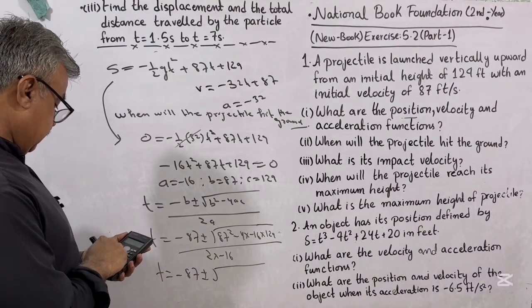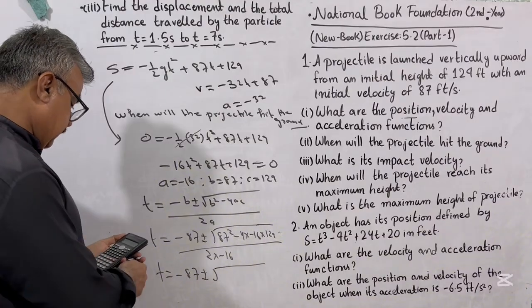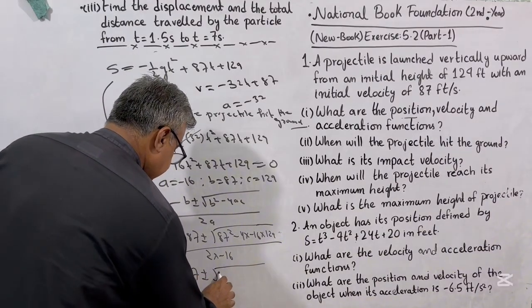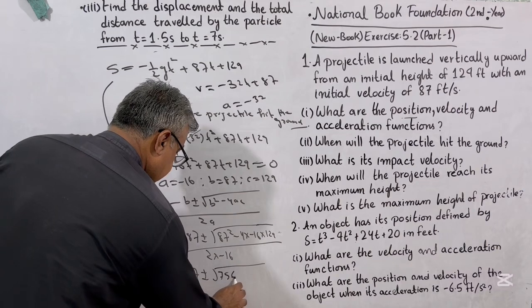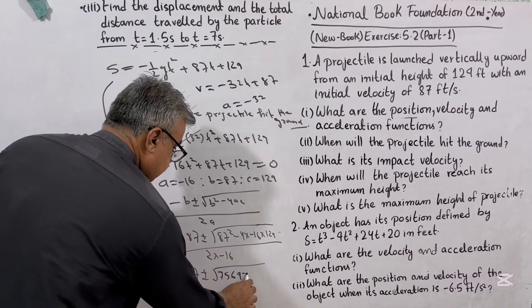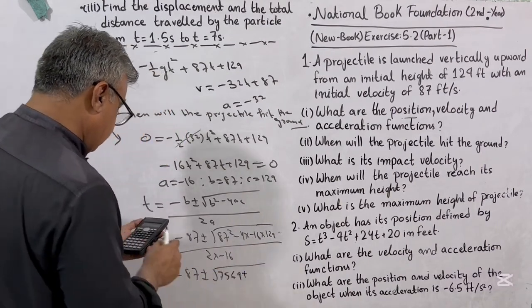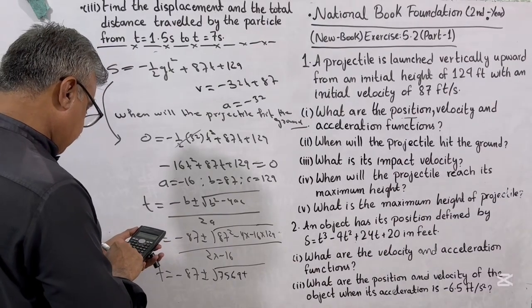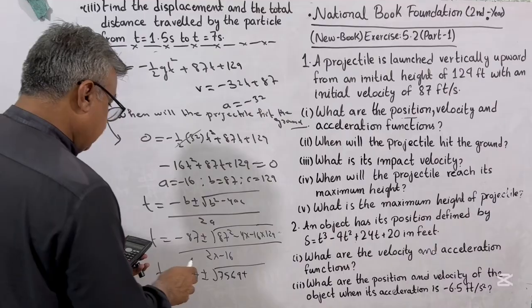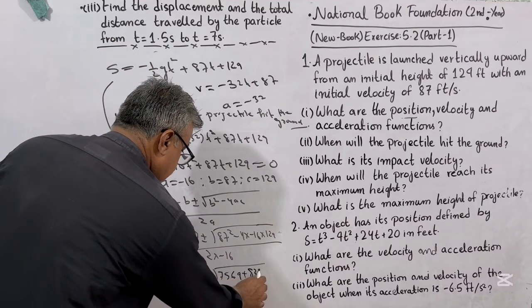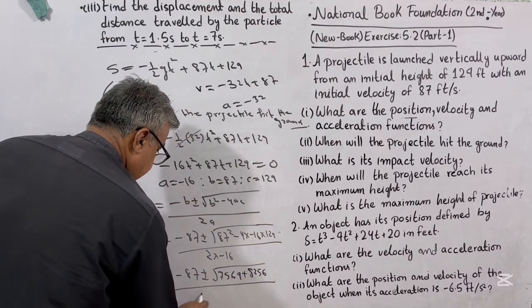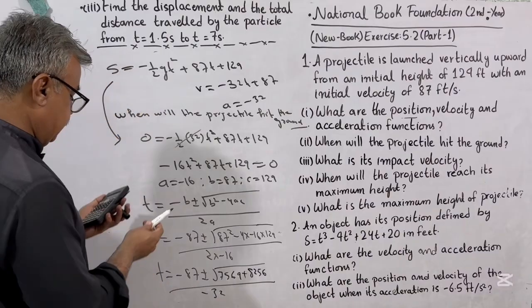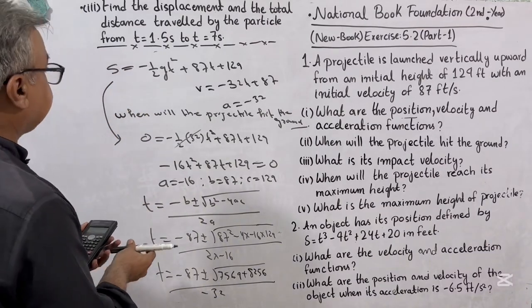87 squared is 7569, plus 4 times 16 times 129, that is 64 times 129, which is 8256, divided by minus 32.